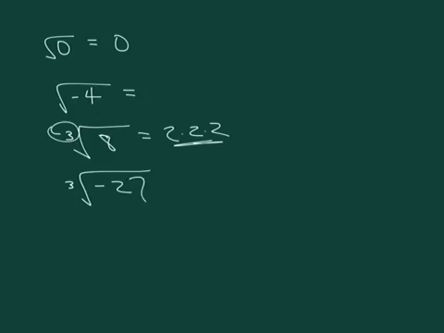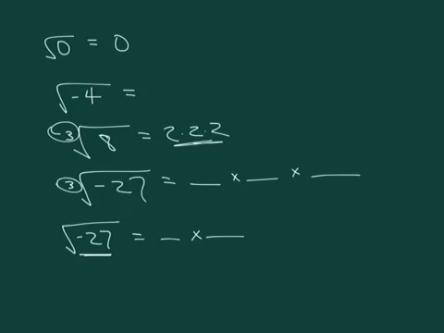And you're going to say, oh, there's no answer. No. I said square root of negative 27. There is not a number times itself that's going to give me a negative 27. But there is a number times itself 3 times that will give me a negative 27. Watch.